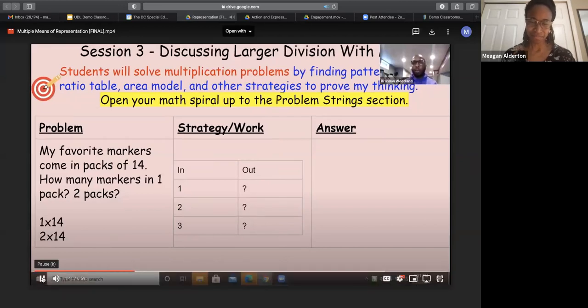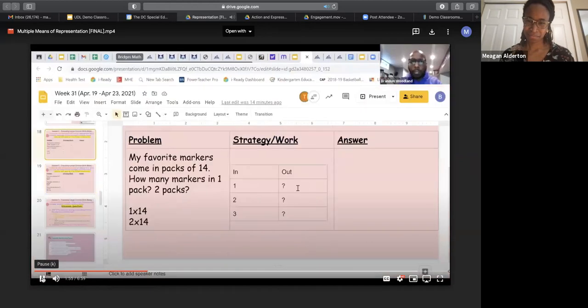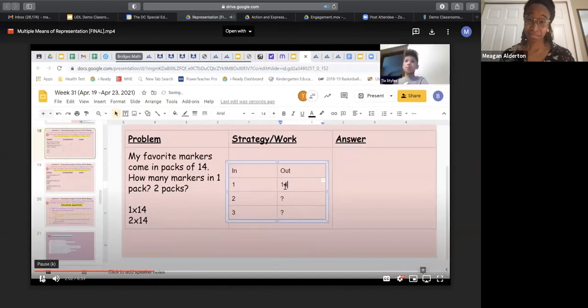Okay, so do we know how many come in 1 pack already? Yes. Good, how many come in 1 pack? 14. 14, good, so we got a lot of help already. So we have 14. Are we counting by 14? I don't know, you tell me. Jackson, are we counting by 14s? Yes. Okay, so then how could I find out how many are in a 2nd pack?